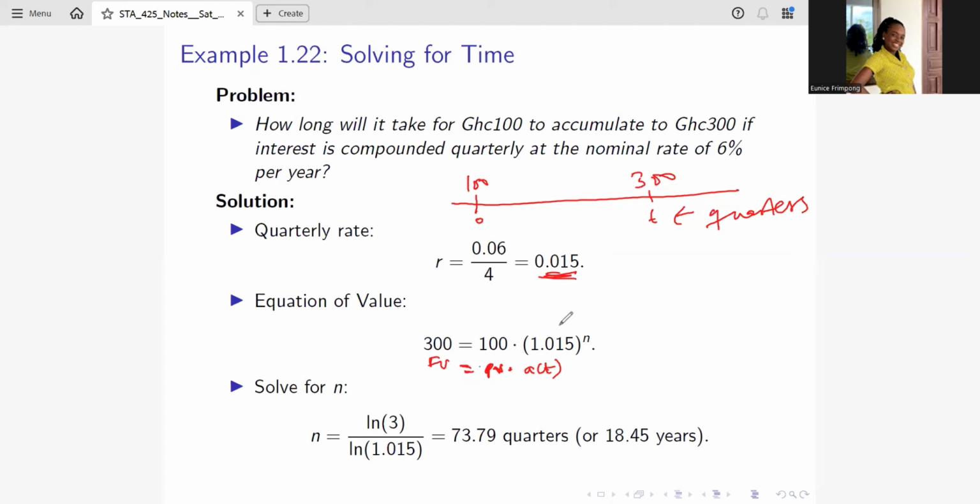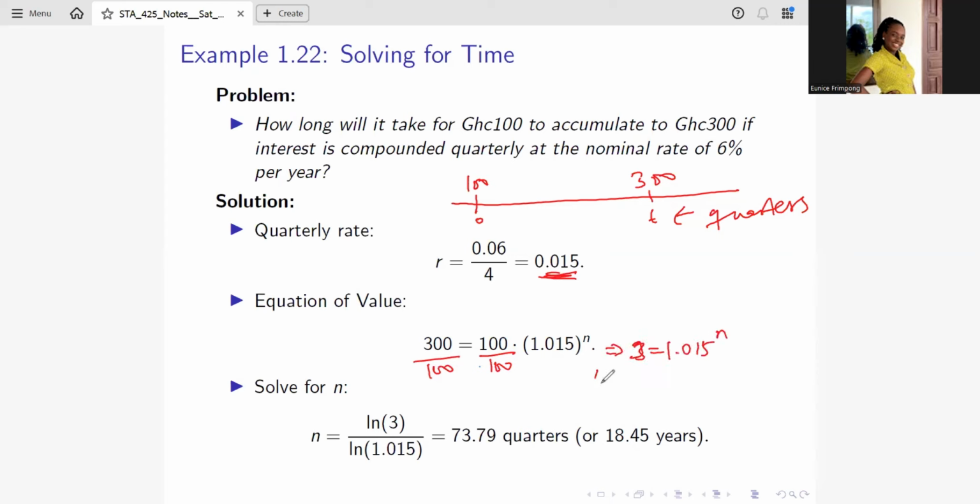All right, so given this, let me erase this one, and then we can divide both sides by 100, and that's going to give us 3 is equal to 1.015 to the power n.